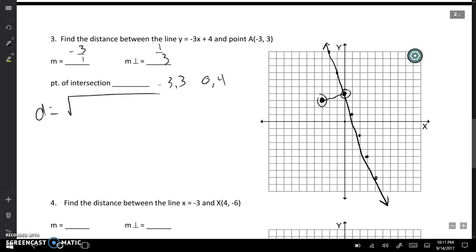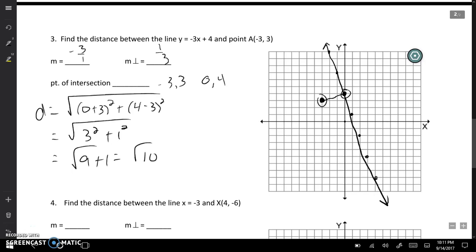We've got the square root of 0 plus 3 squared plus 4 minus 3 squared. So that's the square root of 3 squared plus 1 squared. That's the square root of 9 plus 1. That's the square root of 10, which is approximately 3.16. So the distance from that point to that line is 3.16.